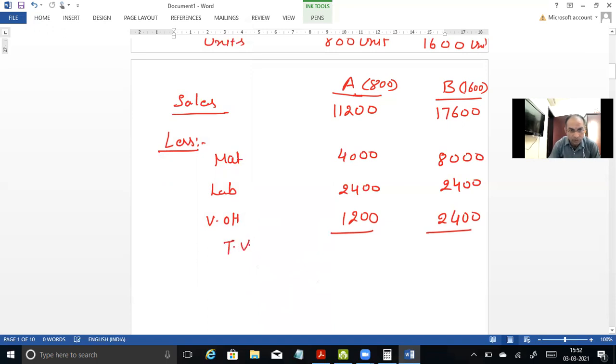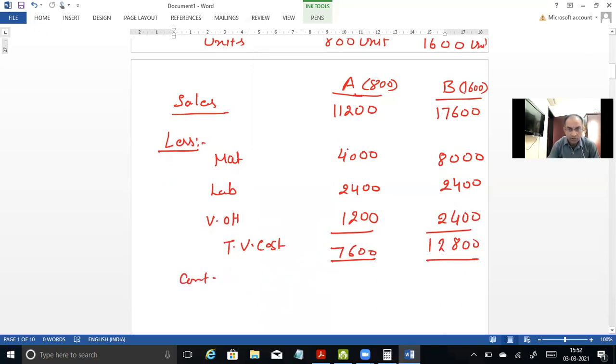So total variable cost would be 7,600 here, and here it is 12,800. So this is our variable cost. So how much contribution are we getting here?